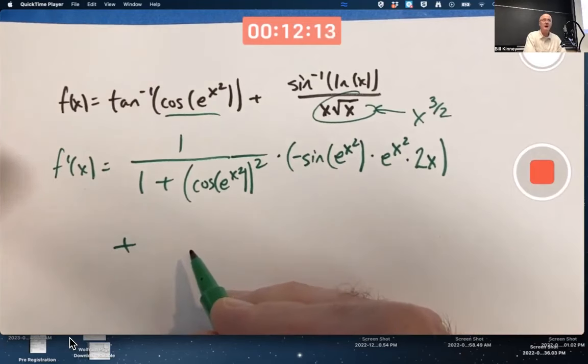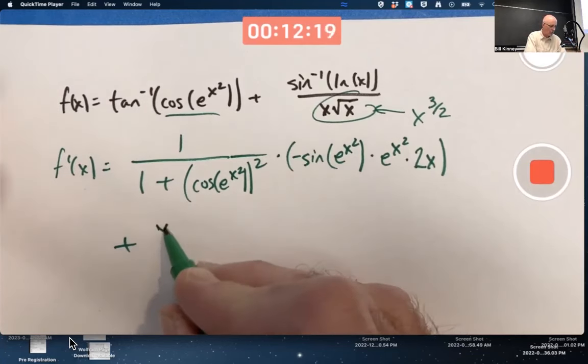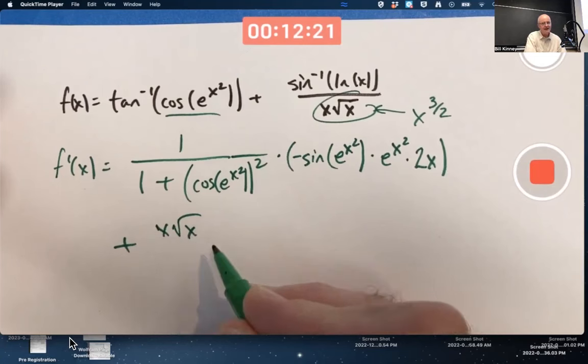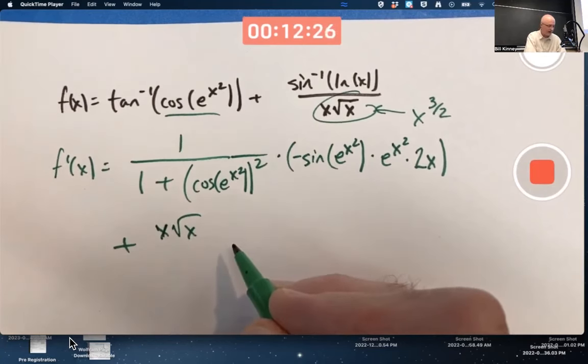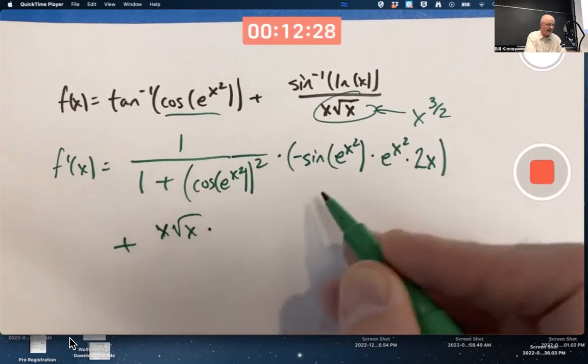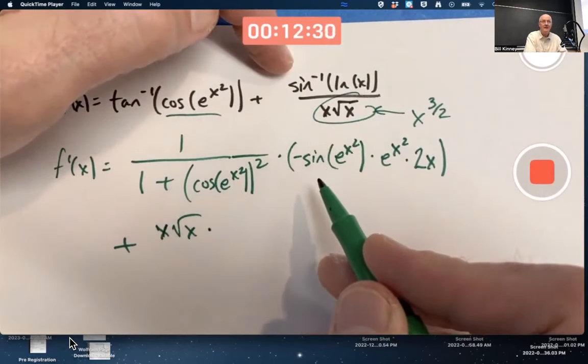That's a quotient. Low d high minus high d low over the square. What's below? Low, which I can write either like this as x square root of x or as x to the 3/2 power. D high, I need the chain rule there.